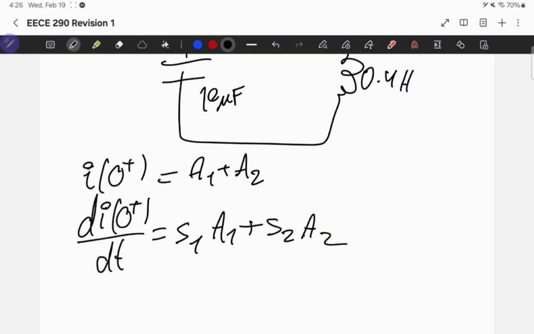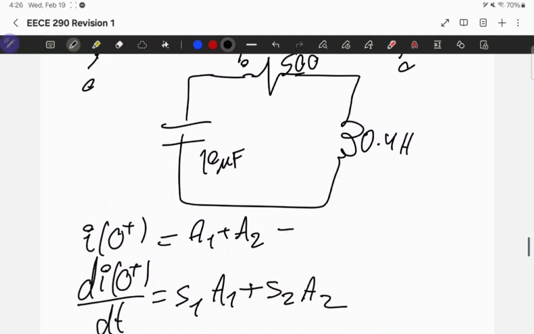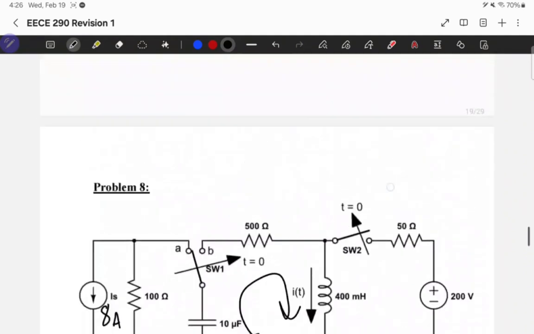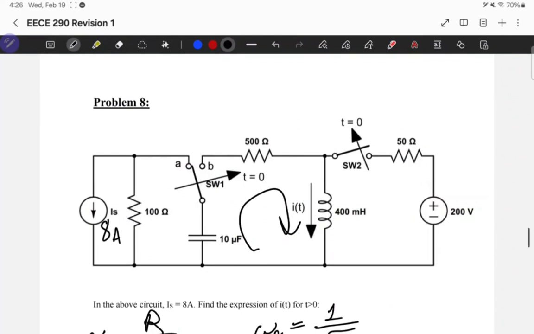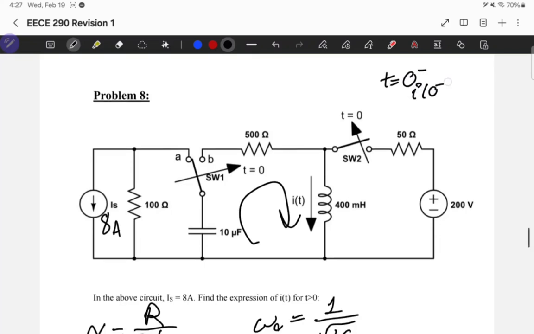Now my job is to get this value from the circuit, not from the formulas. I at 0 plus I can get from the current in the inductor. At time equals 0 minus, I at 0 minus is equal to I at 0 plus, so I can carry it over, because the current in the inductor is continuous.